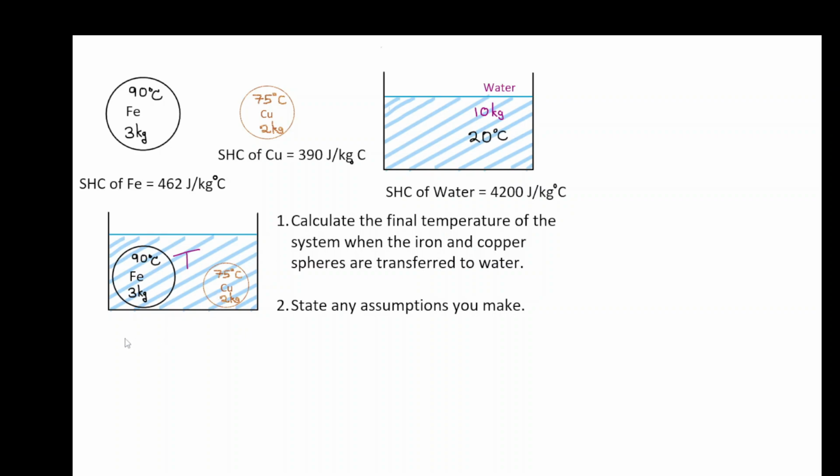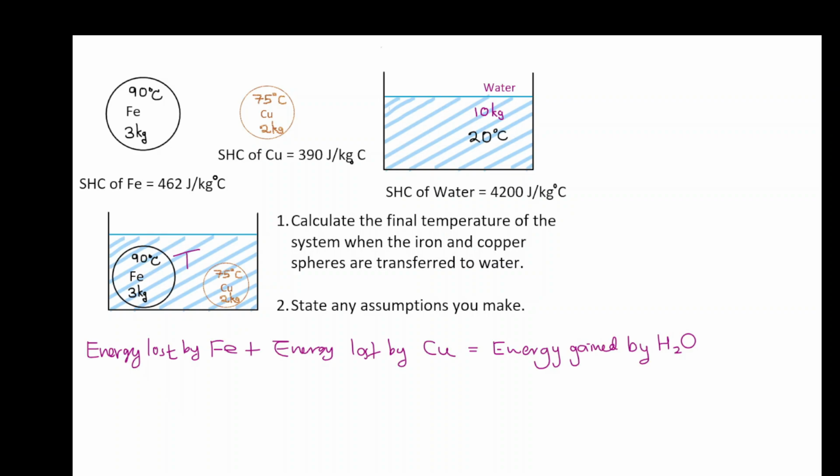So, the energy transfer here is: energy lost by iron plus energy lost by copper is equal to energy gained by water, because iron gives energy to water, copper also gives energy to water, and water just absorbs. Now, for all of these, the formula is E is equal to mc delta theta.